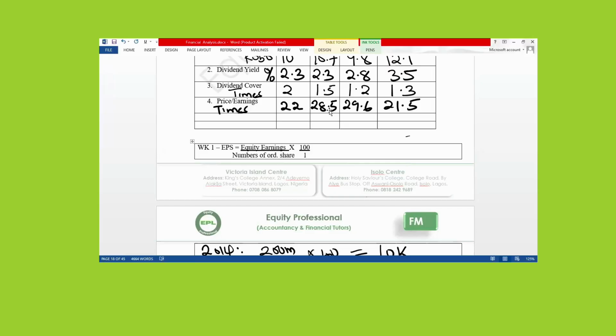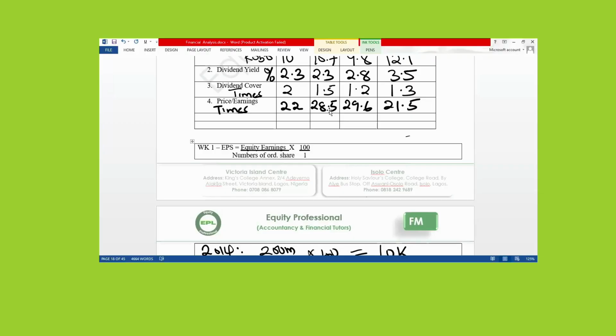The examiner says explain why the changes in the figures you have calculated might have occurred. You are not going to go to these figures.